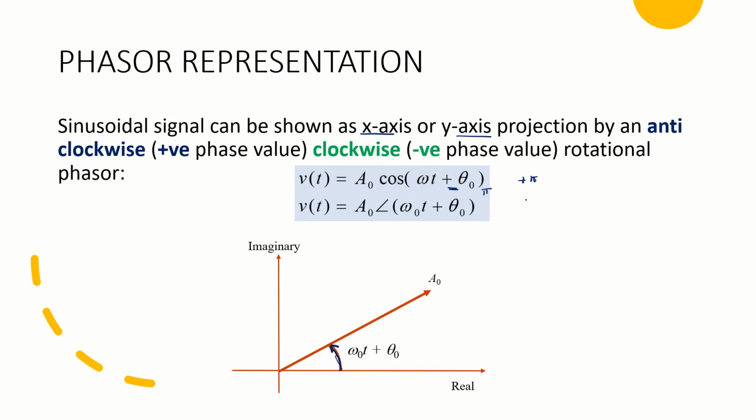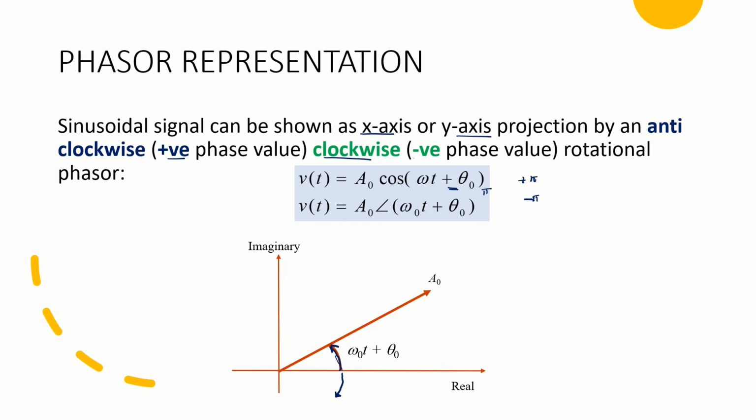But if you have a negative phase value, it's going to face downward. So if it is negative, it's clockwise; if it is positive, it's anti-clockwise. That is the rotation of the phasor.